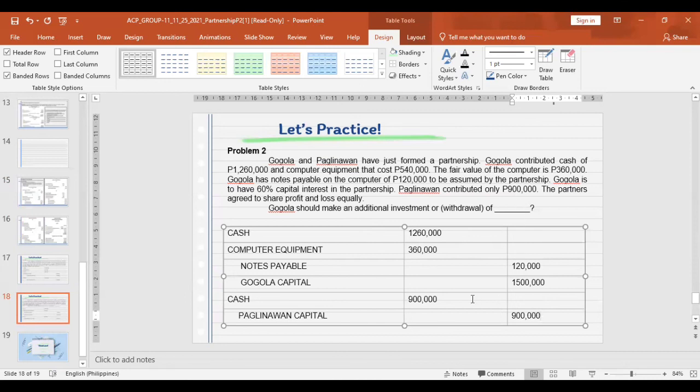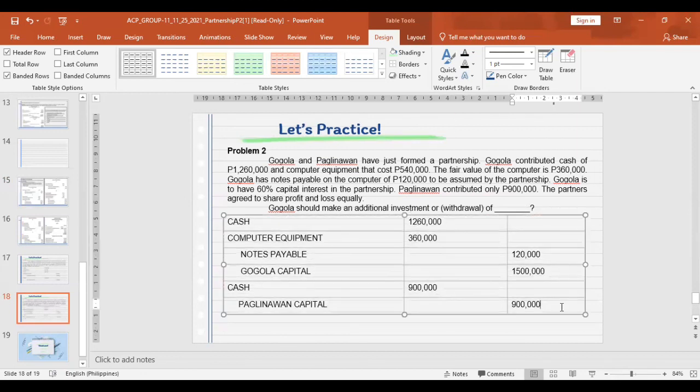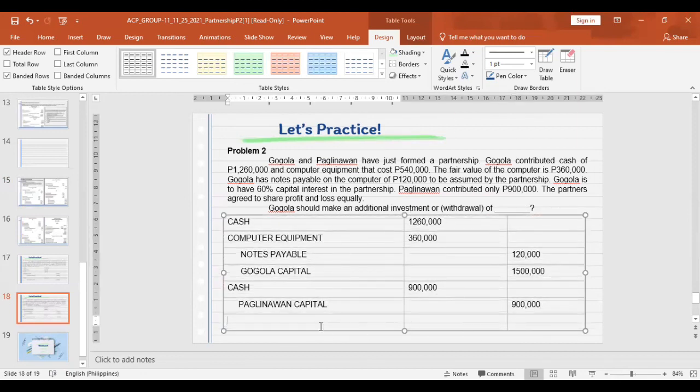So, divide natin yung 900,000 ng 0.40 para makuha natin yung 100%. So, 900,000 divided by 0.40 is 2,250,000.